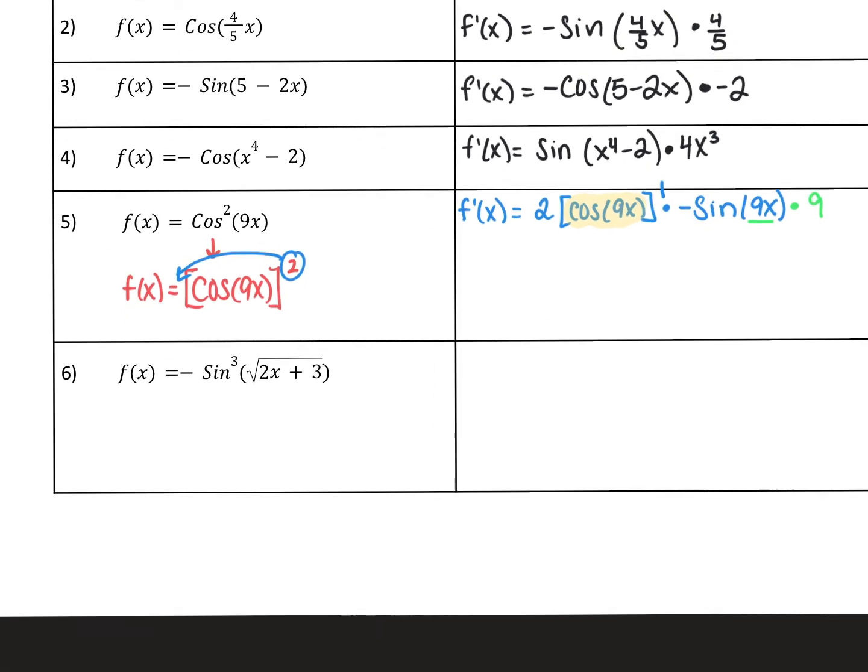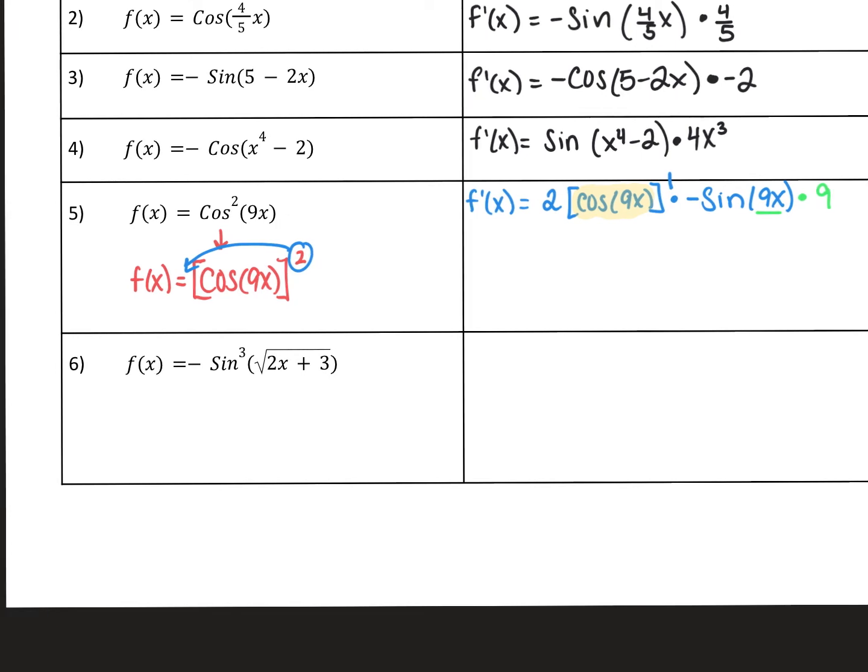Okay, let's look at number 6. Number 6, same thing. We have to first rewrite this. So we could write this as negative sine of radical 2x plus 3, this whole thing cubed. The negative's on the outside, it's not included with the sine.